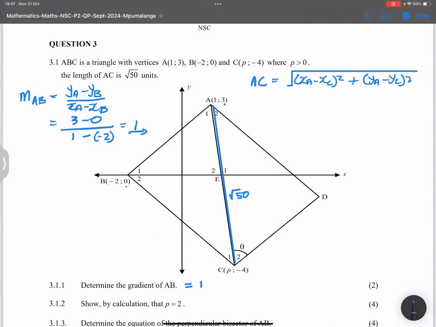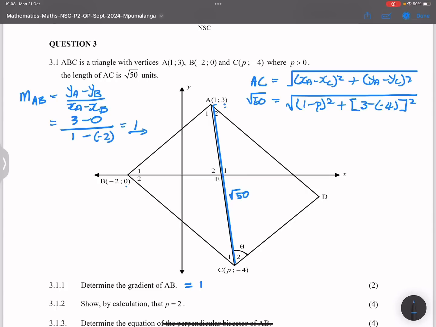We know that this is equal to square root of 50. XA is 1, so that's (1 minus P) all squared, plus 3 minus a negative 4. So that's 3 minus negative 4, and I'm just going to put that in square brackets.